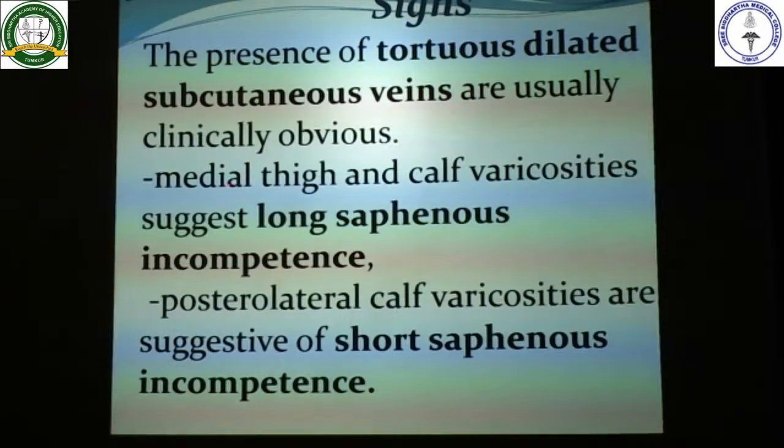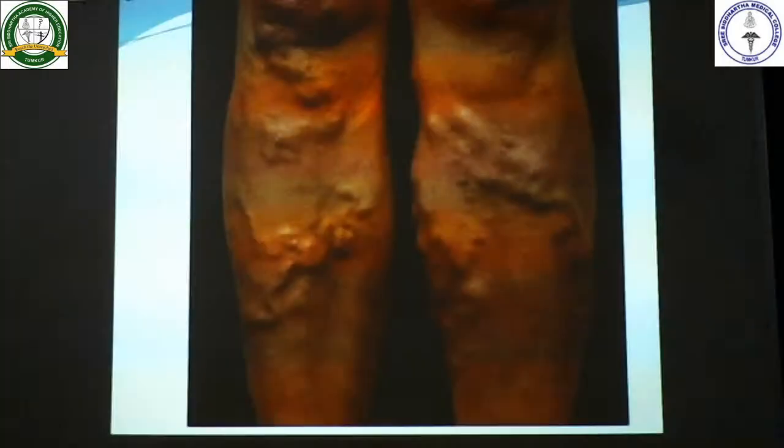If the varicosities are over the medial plane, it implies long saphenous incompetence, or the long saphenous vein is involved. If they are on the posterior lateral side, then we can pick up short saphenous incompetence. By looking at the site of the dilated veins, you can easily identify whether it is the long saphenous or short saphenous vein. These are the signs.